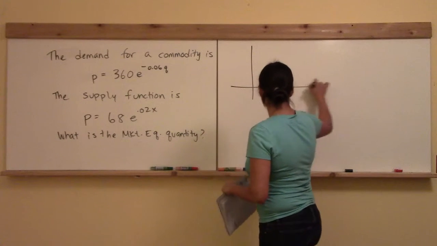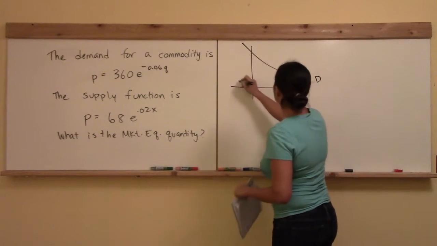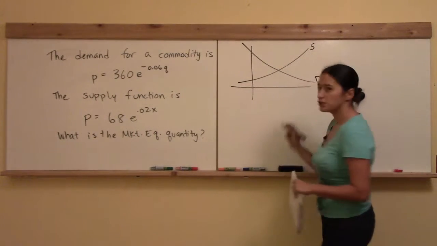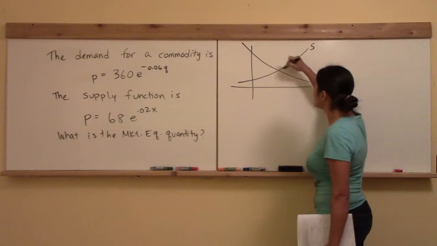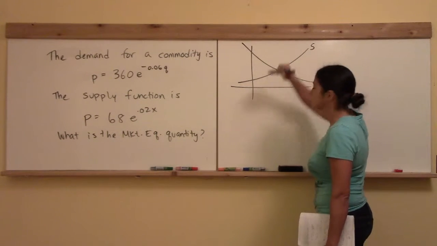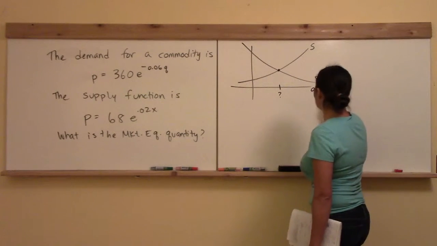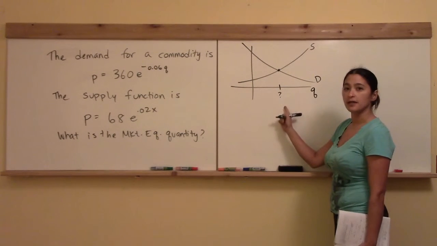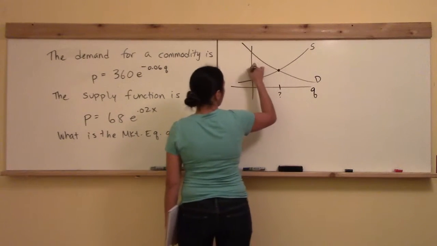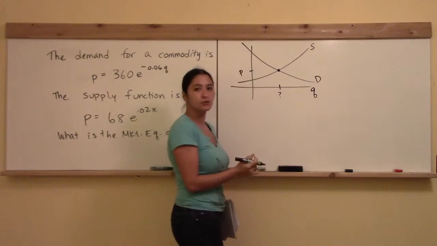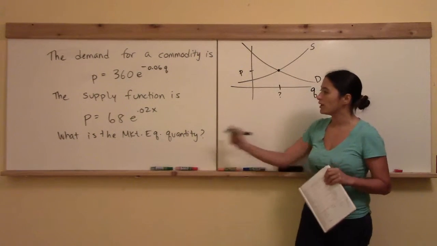If you plot these two functions, you're going to see the demand function going down, you're going to see the supply function going up, and they're both going to look like exponential forms in this case, which means they're going to intersect right here exactly once, and this is the mysterious market equilibrium quantity that we're searching for. And then we could also evaluate either of those functions at that quantity to find the market equilibrium price right there. But this question just asked for market equilibrium quantity.